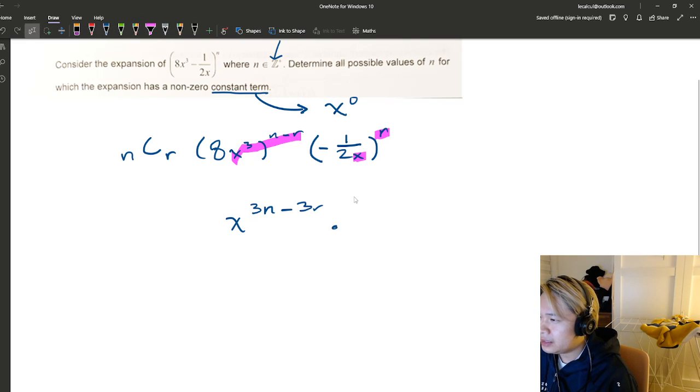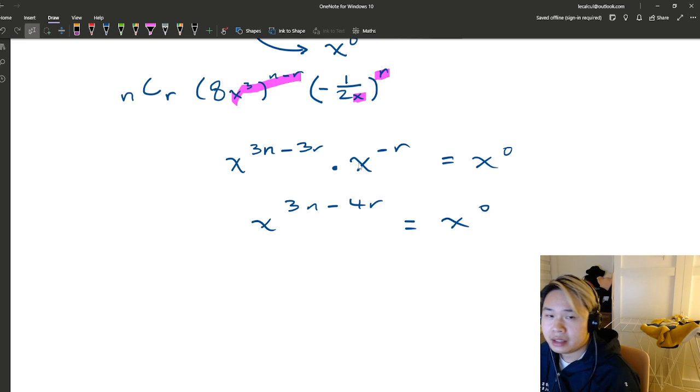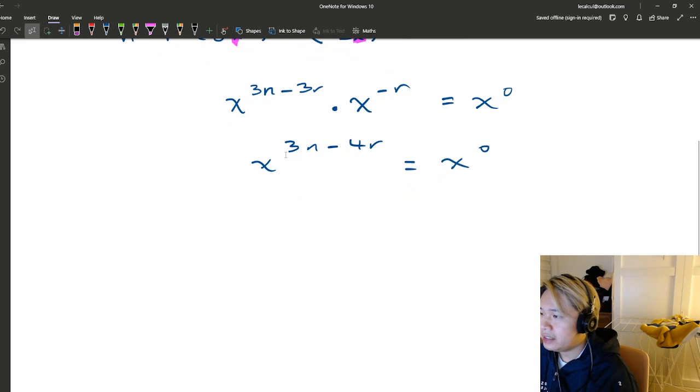And from the second one, it's a reciprocal, so that's minus r. And then just continuing your exponent rules, the minus 3r minus r is going to be minus 4r, and then we can equate our exponents.